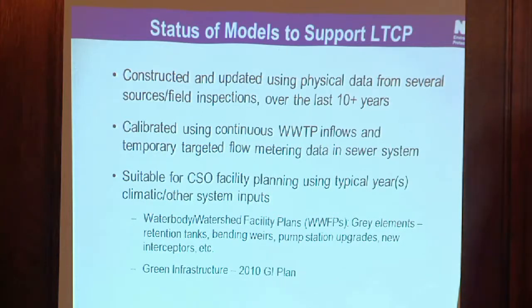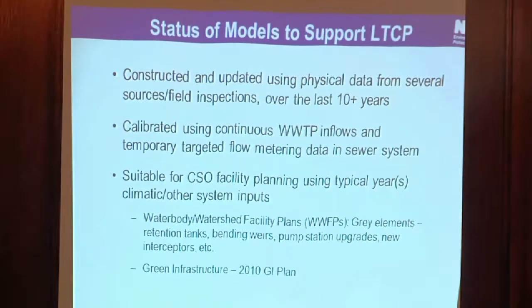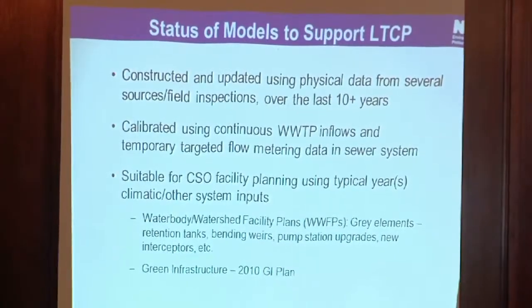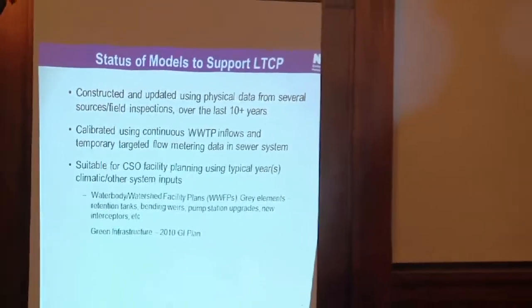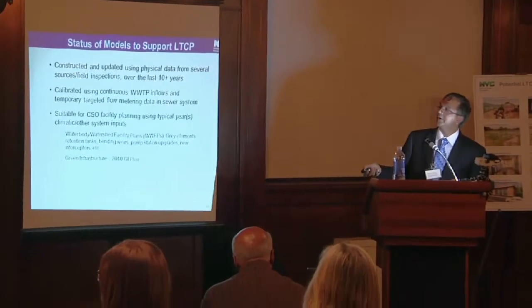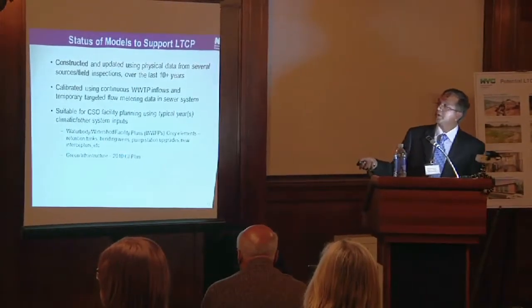So you're able to look at whether it is green infrastructure projects, or a retention facility, or flow reduction strategies using our water conservation program. We are able to evaluate a range of those and then see how they benefit the overall water quality.